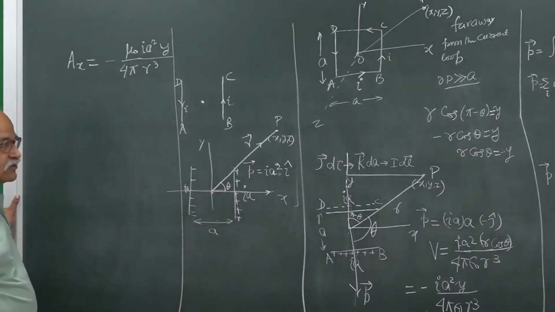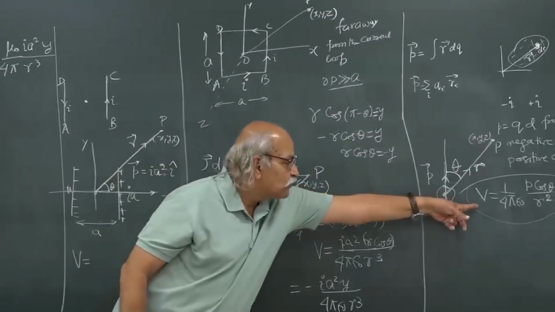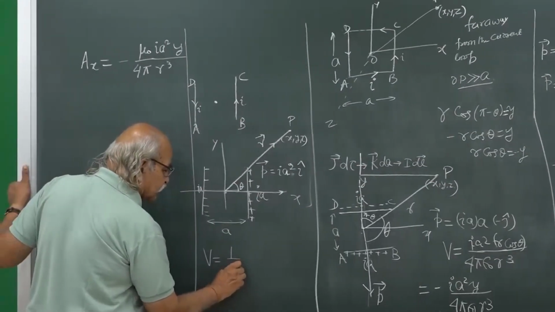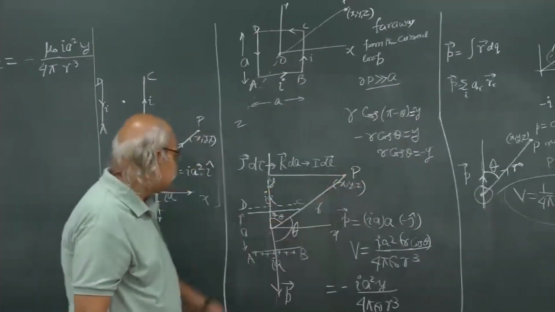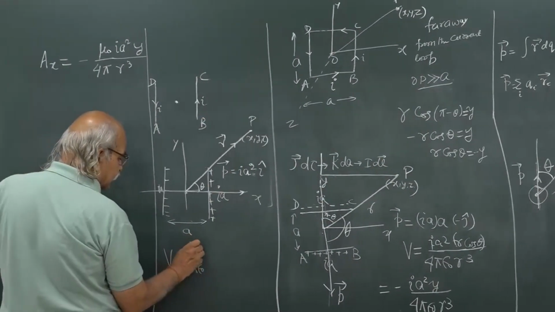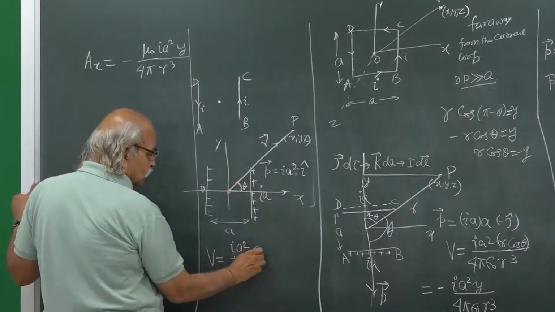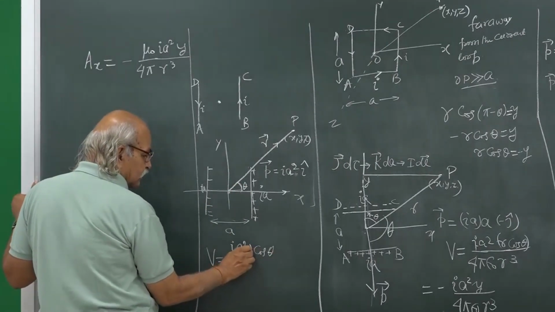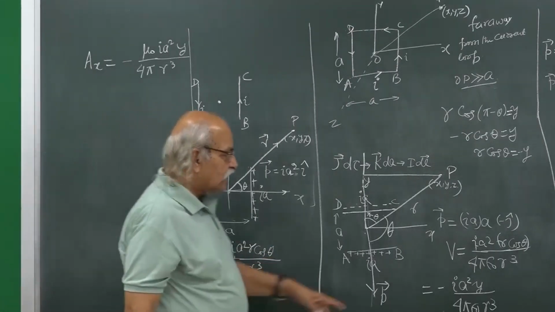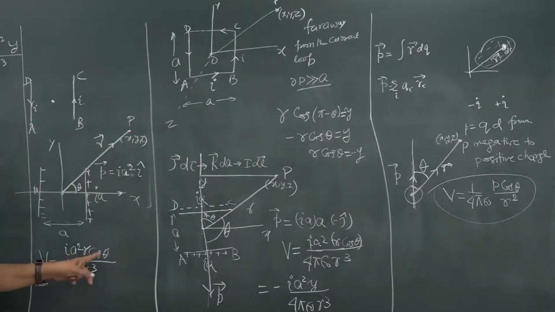So, if I write V, V will be 1 by 4 pi epsilon naught, and then here P cos theta. So, P is I A square, cos theta, multiplied by r here and multiplied by r here. So, this r square, I am writing r cube, so that I can write r cos theta here.